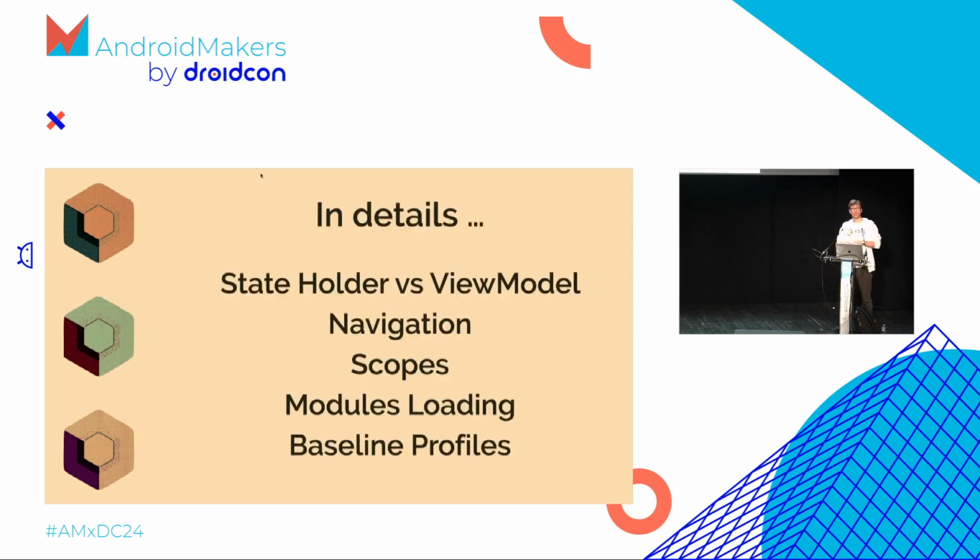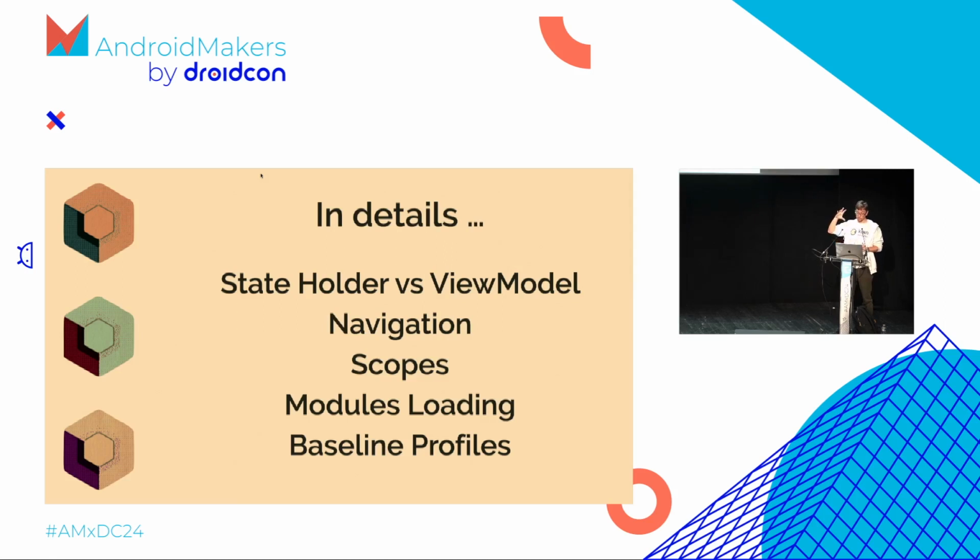If you want to dig into more detail on the Koin and Compose side, look at state hoisting on Google. There is a good article about that and why you should use a state holder and why you should use a view model, to help you have the right granularity of design. For navigation, Koin has navigation capacity for Android.